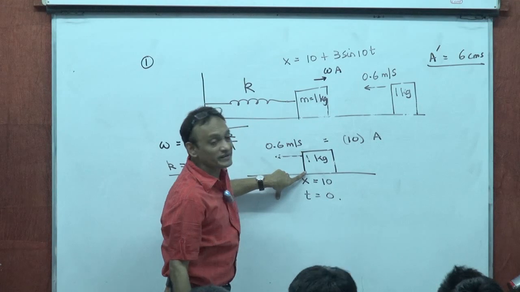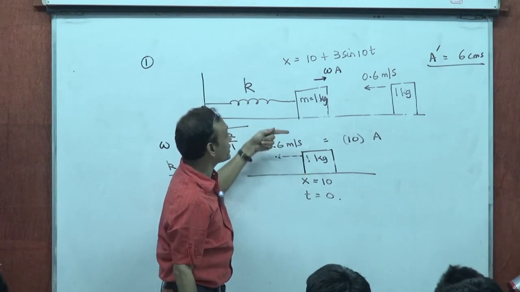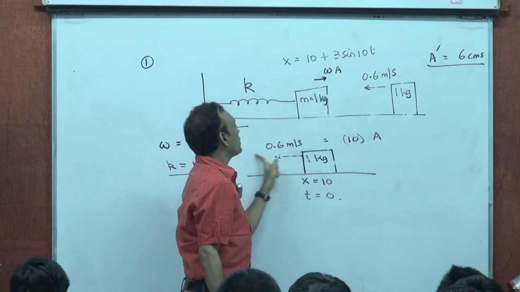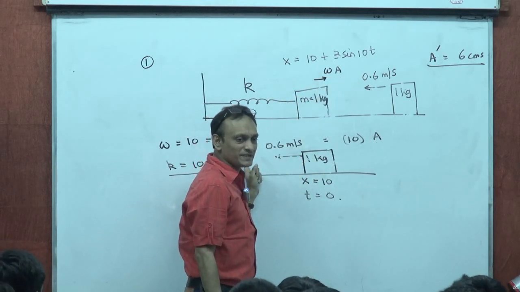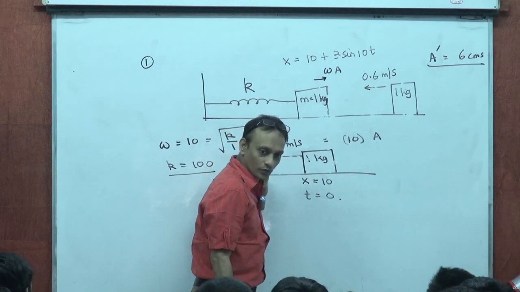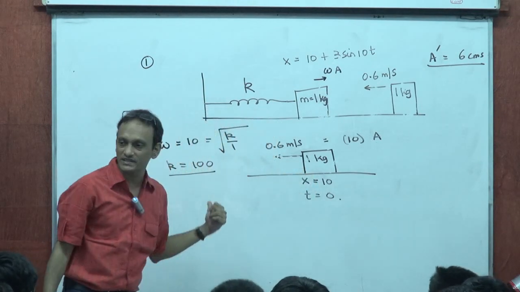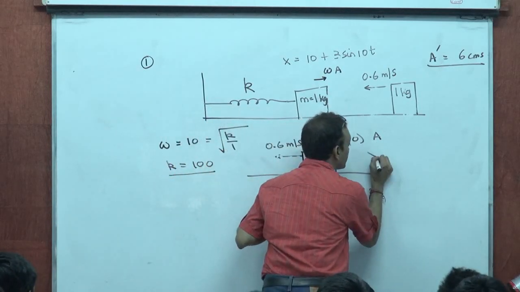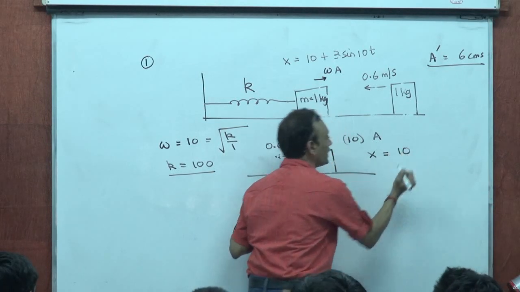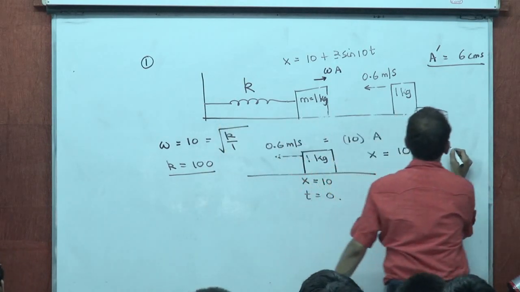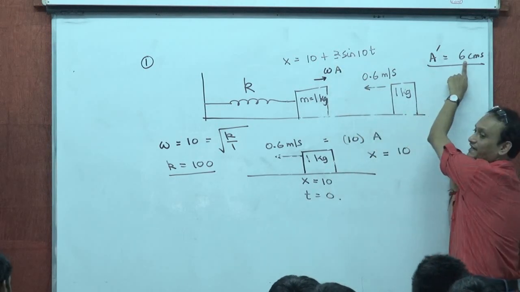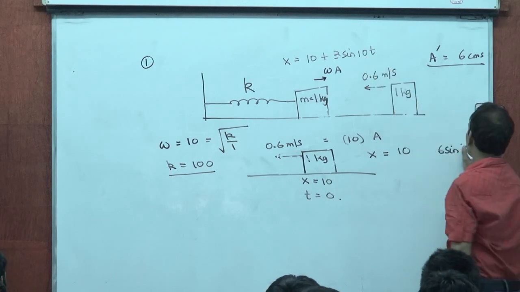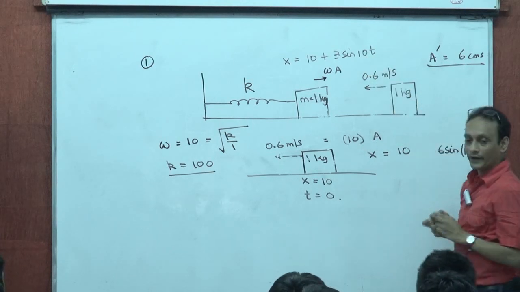At time t equal to 0, it's still at x equal to 10, but its direction of velocity, instead of being 30 centimeters per second to the right, is 0.6 meters per second to the left. Yes or no? That means 60 centimeters per second to the left is its velocity. Now instead of 3, you will have 6 centimeters as the amplitude. 6 sine, and this will still remain 10, right?